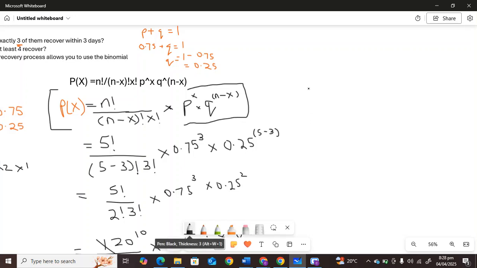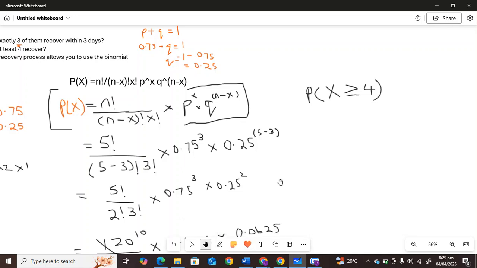Yes. So now remember we have got 5 patients, 5 people we are observing. So first, this is how we're going to write it: x greater than or equal to 4. This means that at least 4 people recover.